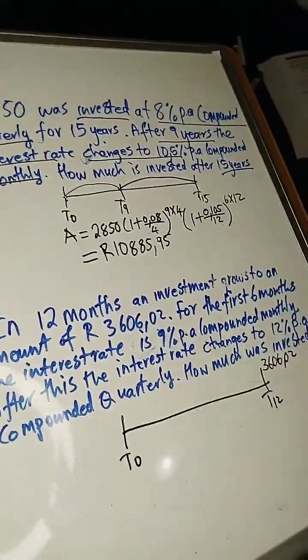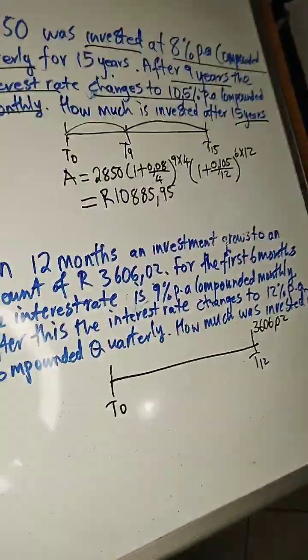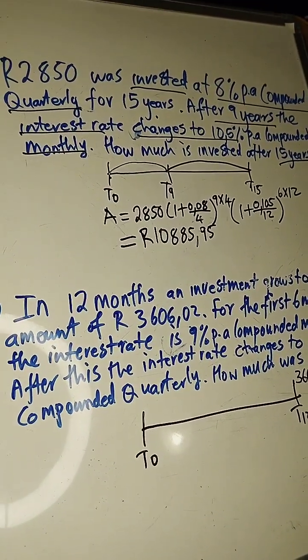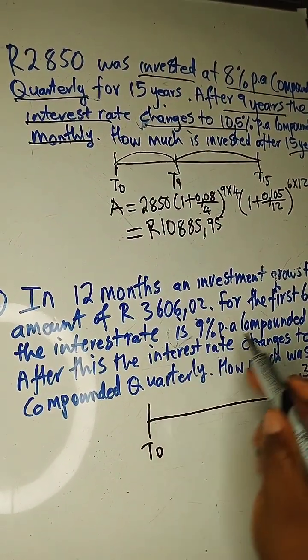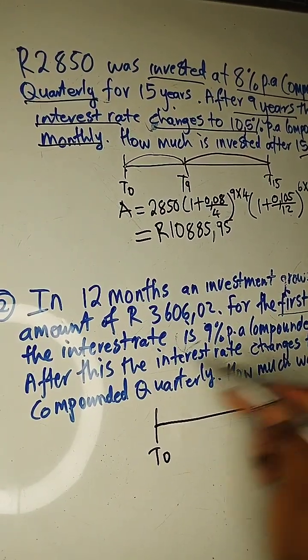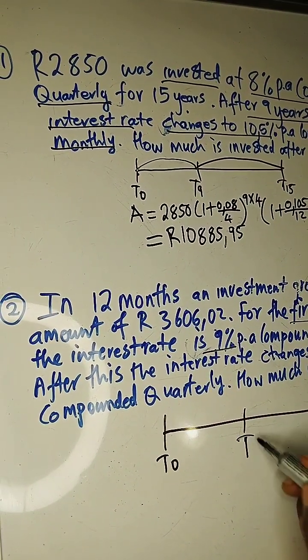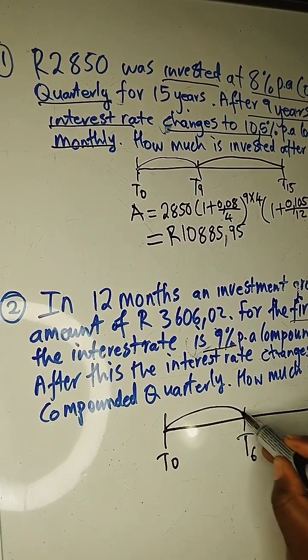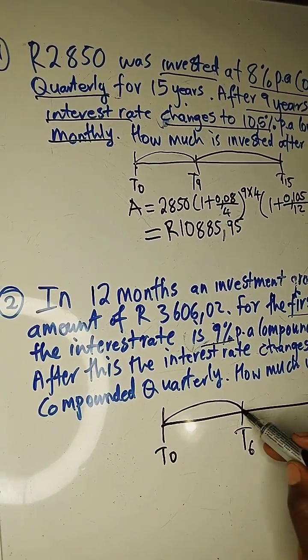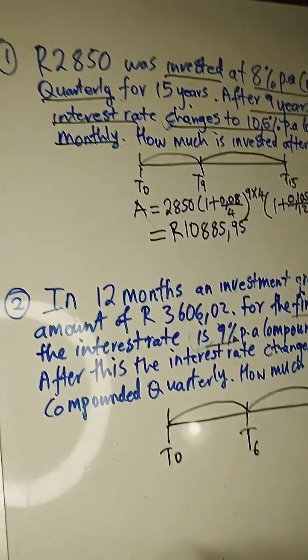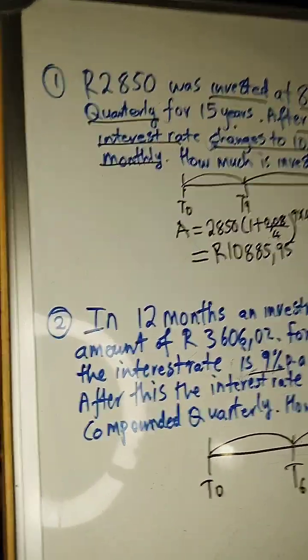That is at T12. Now we know that at the first 6 months, the interest rate was this. So we have T6 here. We have an interest rate, then the other interest rate is here. Here we are looking for P.